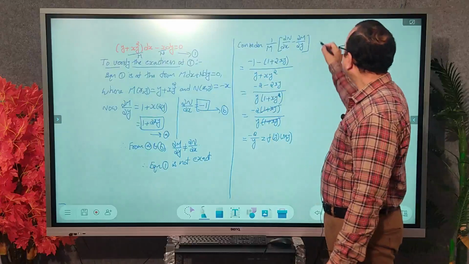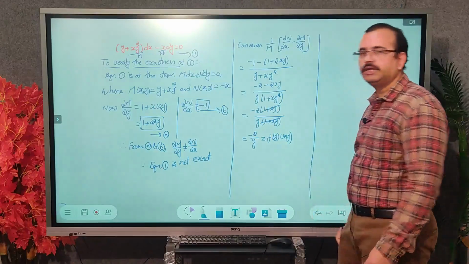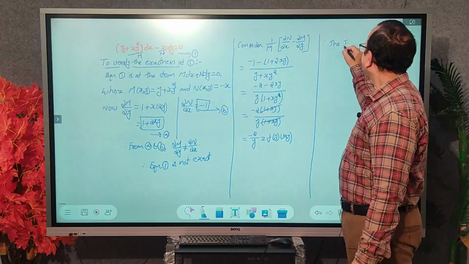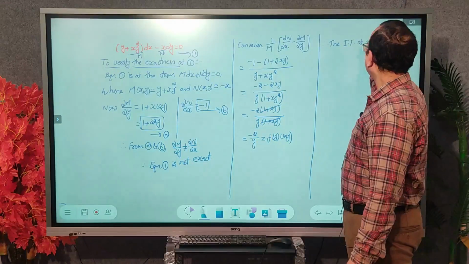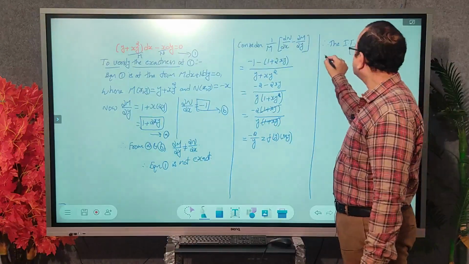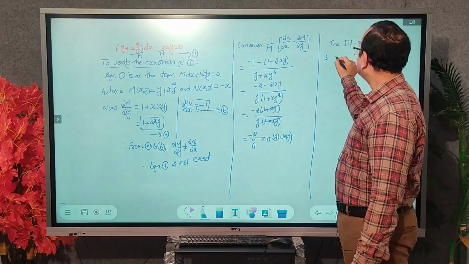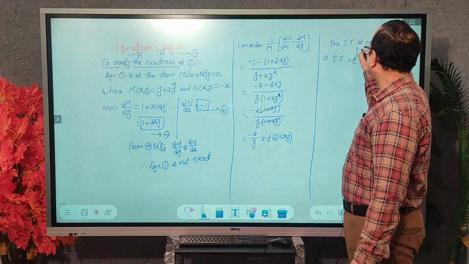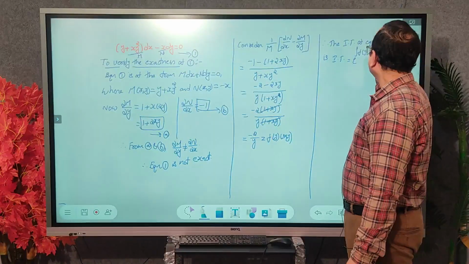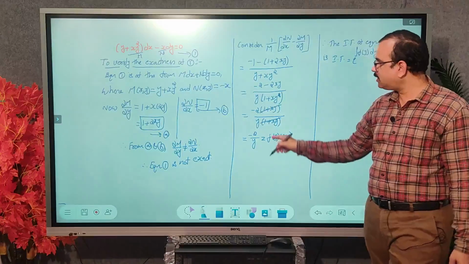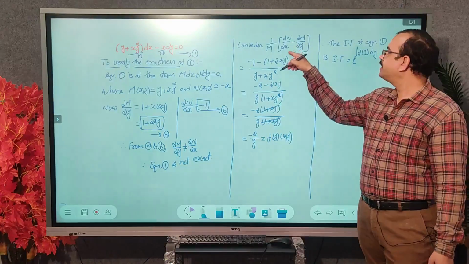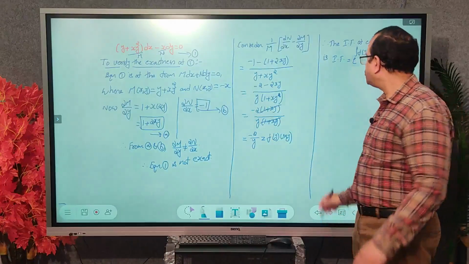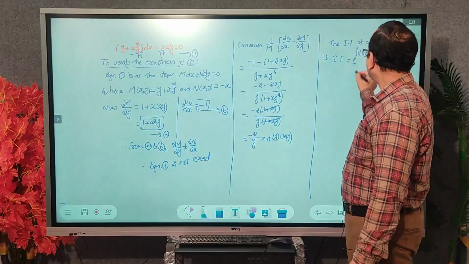So it is clear that the integrating factor of equation 1 is e^(∫f(y)dy), because we got this value, (1/M)(∂N/∂x − ∂M/∂y), as a function of y alone. So the integrating factor is e^(∫f(y)dy), where f(y) is −2/y.